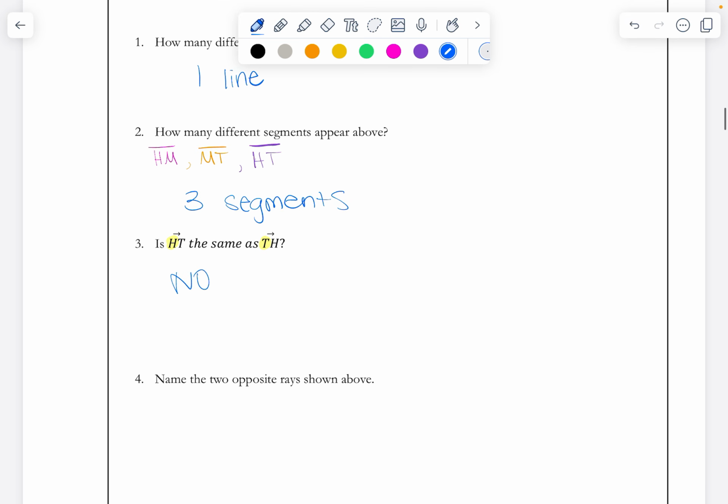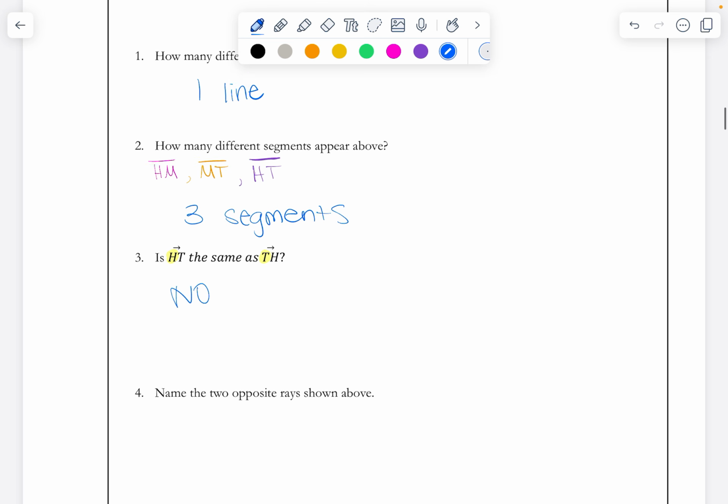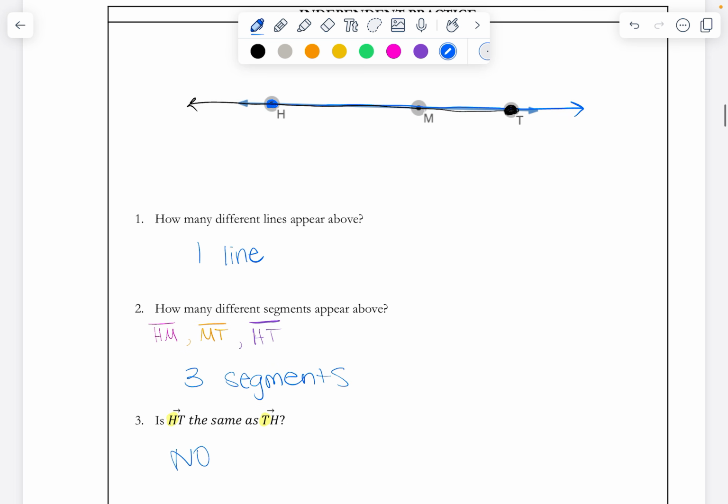Okay, and our last question here is name 2 opposite rays shown above. So again, I can erase my drawings here. So right off the bat, I know that opposite rays must share an endpoint. So I'm going to assume they share M because that is the one in the middle.